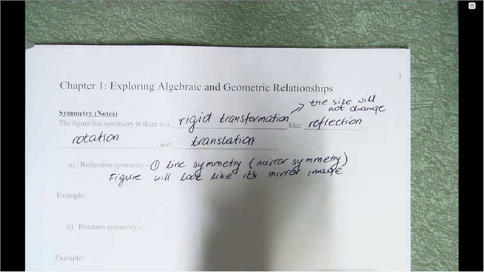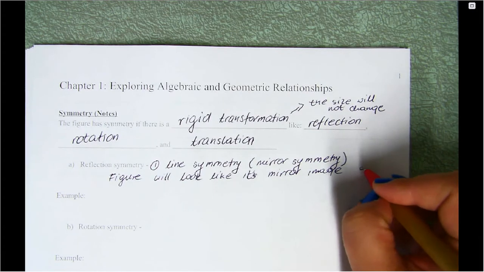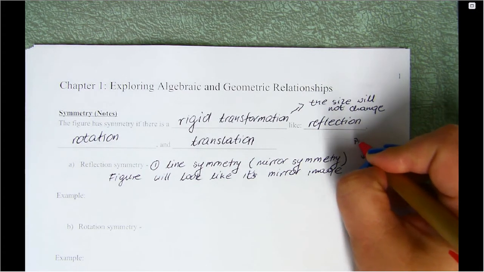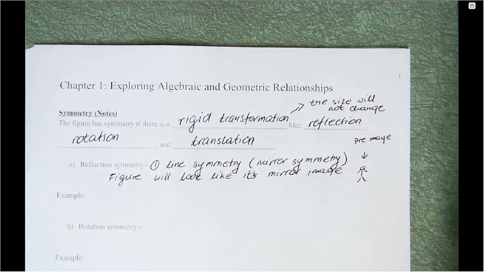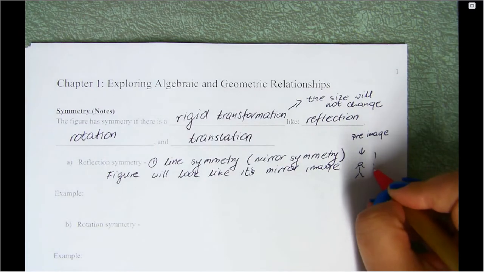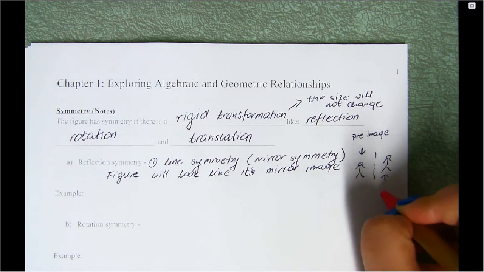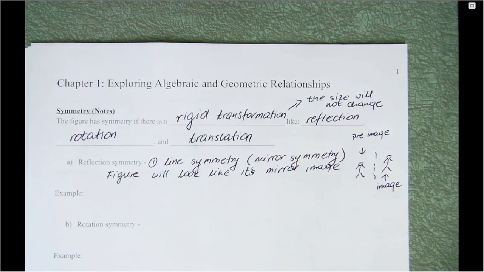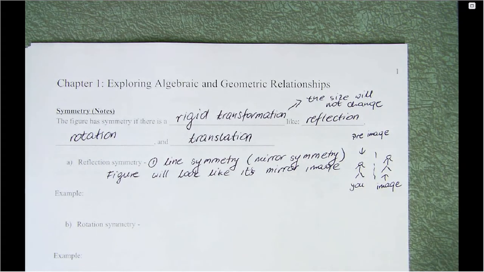Okay, so what we also have to talk about, if this is you, you are called pre-image. Okay, you're pre-image. And if this is your mirror image, we call this image. Okay, so this is you, and this is your image.